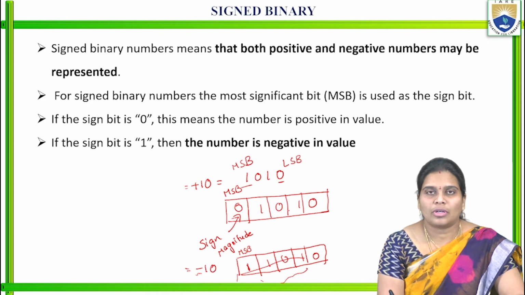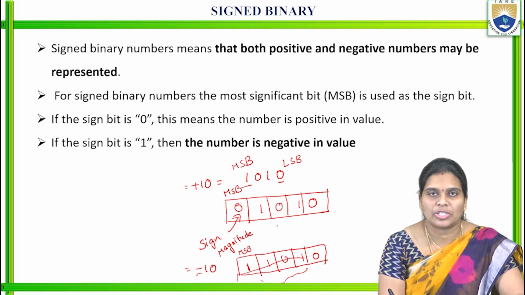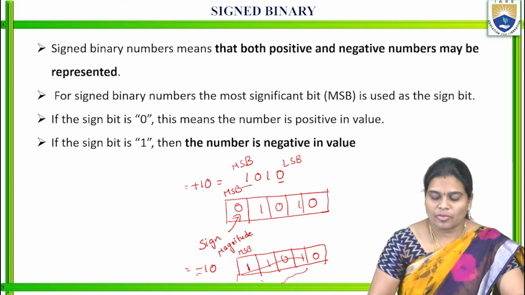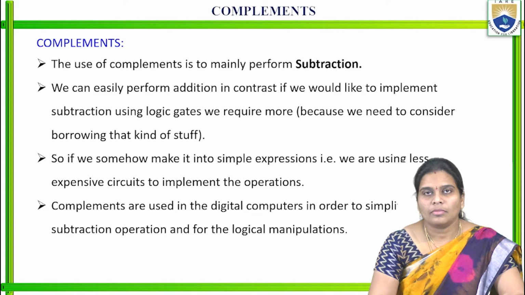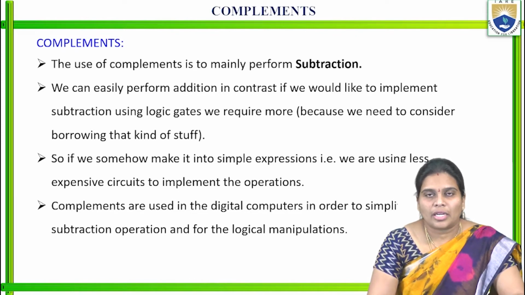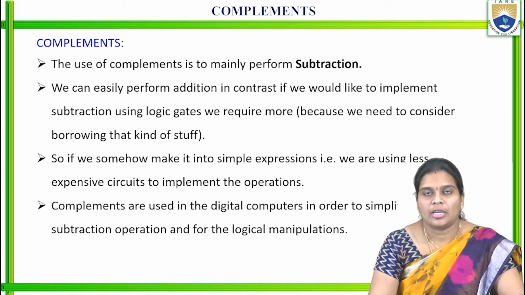Before writing the signed 1's complement and signed 2's complement representation, first we'll discuss the complements. So what is the complement? Generally we have binary addition, binary subtraction, binary multiplication and binary division. Binary addition is easy for adding two binary numbers.